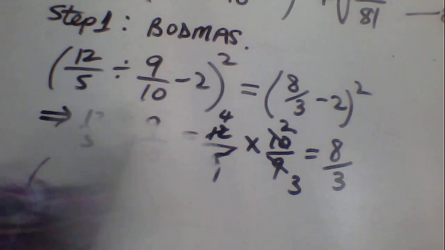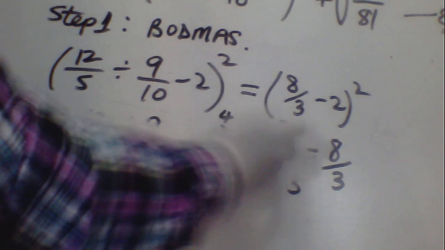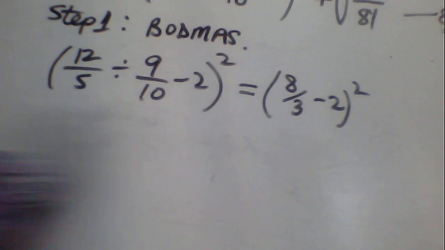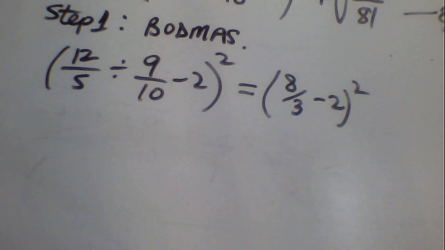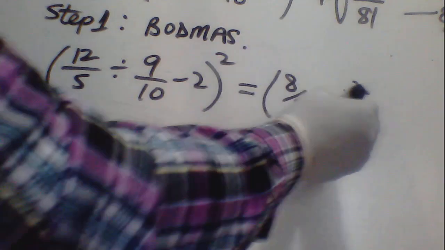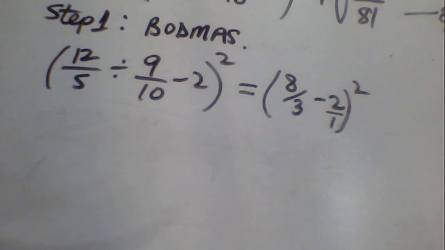So 8 minus 2 squared. So what again can you do here? At this point, you have to find the LCM of 3 and the 1. Remember that this is 2 over 1, because any number divided by 1 is still a number.